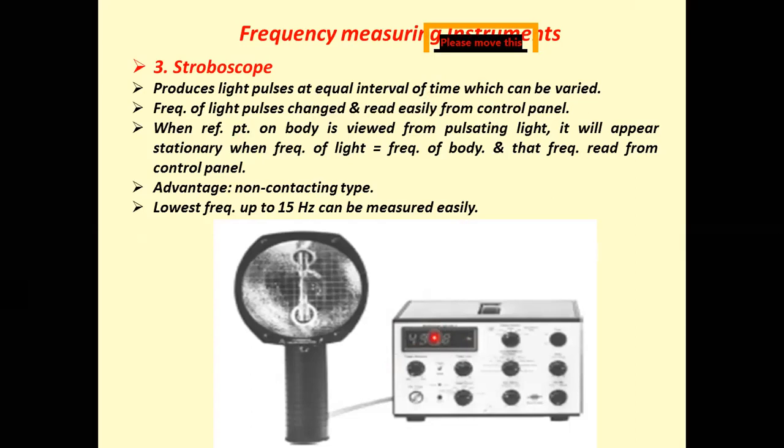When a reference point on a vibrating body is viewed with pulsating light generated by a stroboscope, it will appear stationary when the frequency of the pulsating light is equal to the frequency of the vibrating body. Therefore, the frequency of the vibrating body is read directly from the control panel.